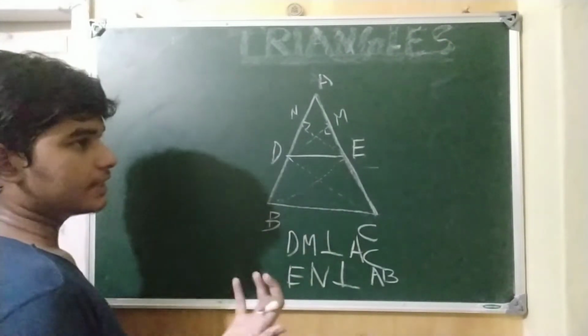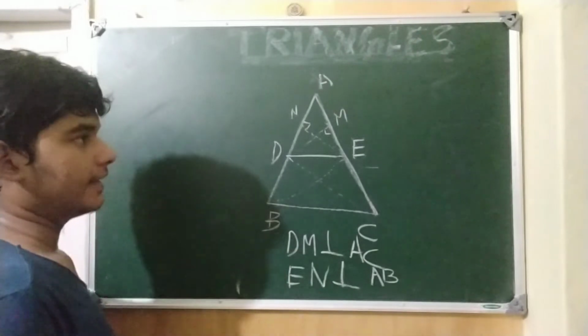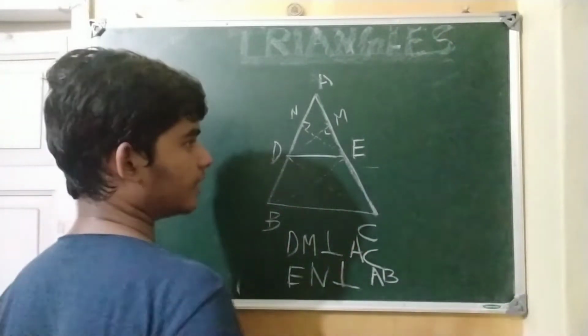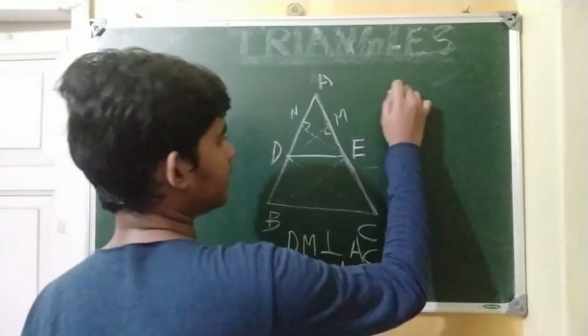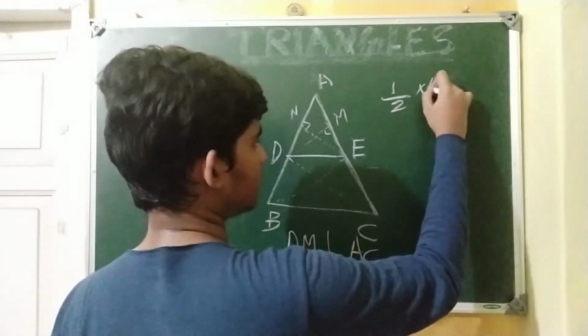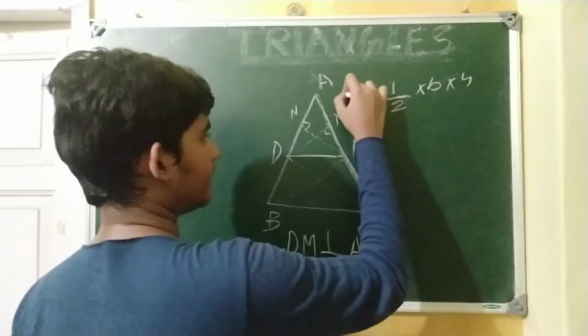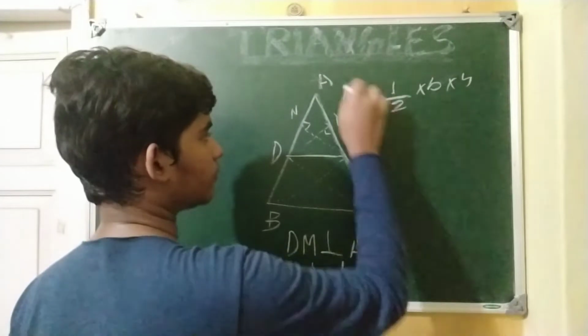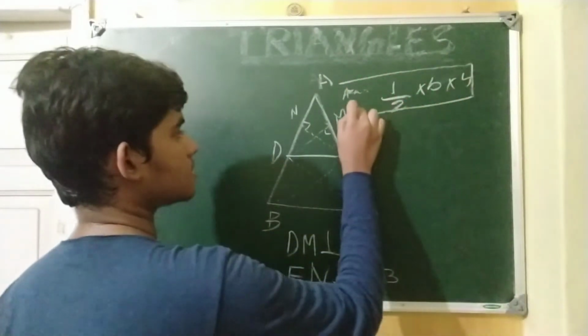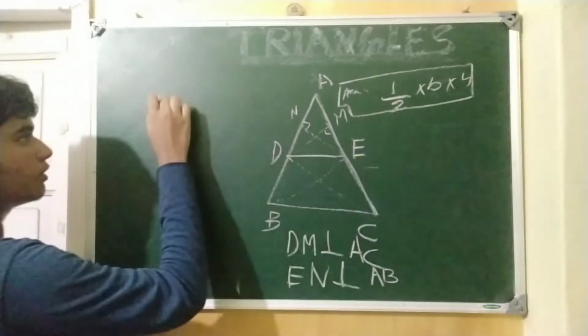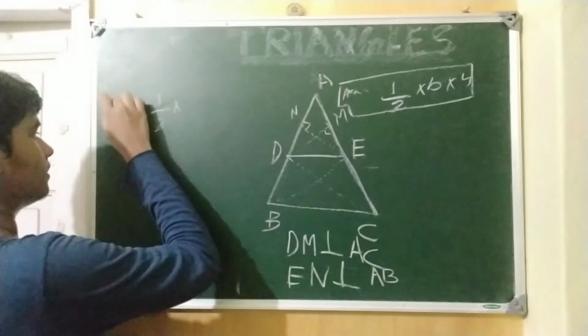To solve the sum, we need the area of the triangle. The formula for it is half into base into height. So area is equal to half into base into height.